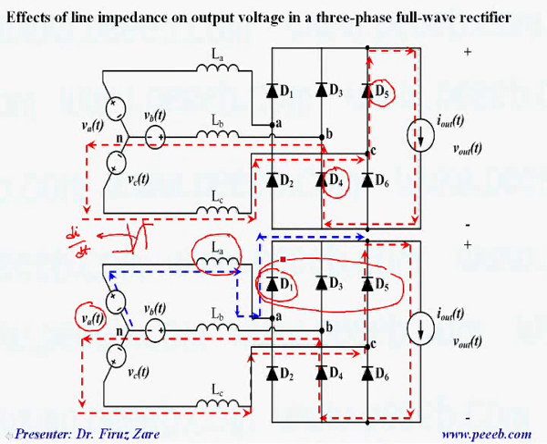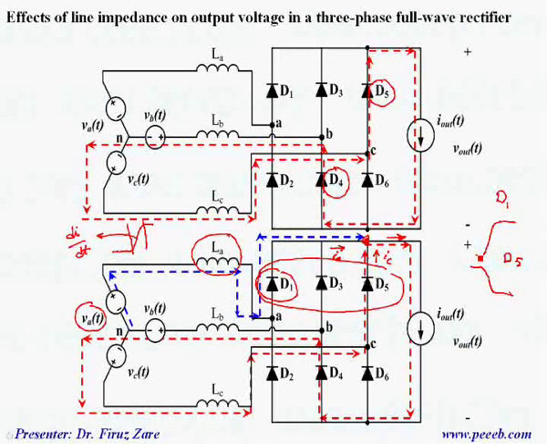If we concentrate on this node, we can see that the output current is constant, the load current, and the current through phase A plus the current through phase C equals the output current. So when the input current is increasing through phase A, that means the current through D1 is increasing, and the current through phase C is decreasing, that means the current through this diode.